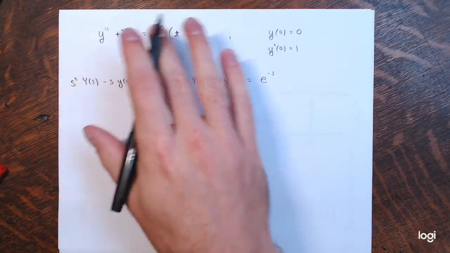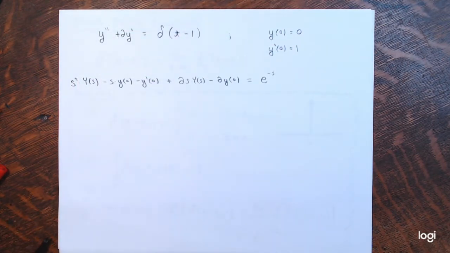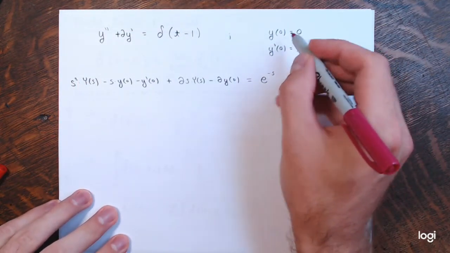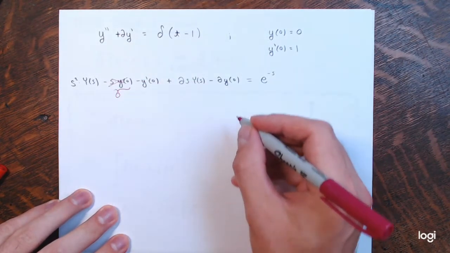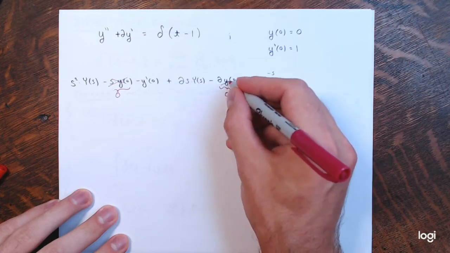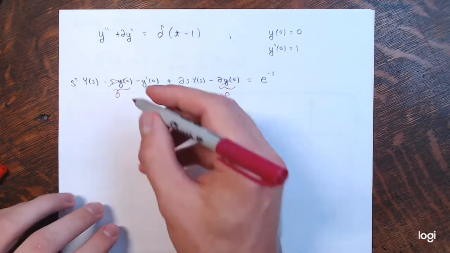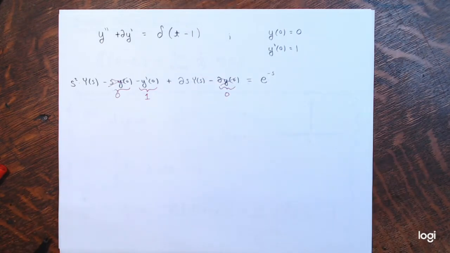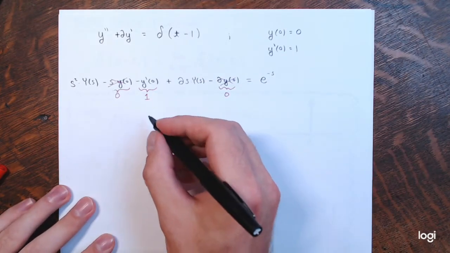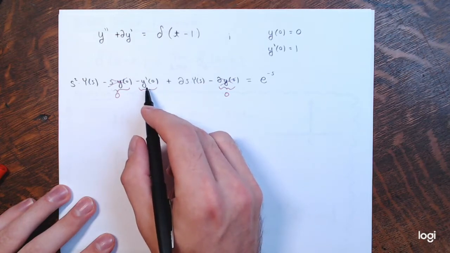All right, so I've taken the Laplace transform of both sides. I put in my initial conditions. y of 0 is 0, so this term's gone. This is 0 as well, that term's gone. And then y prime of 0 is again 1. So I'm going to add 1 to both sides.